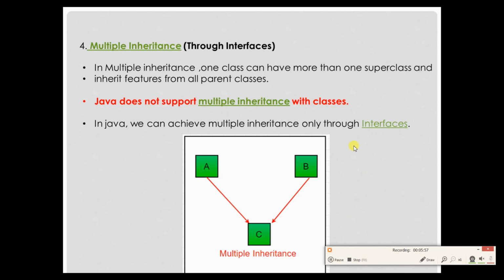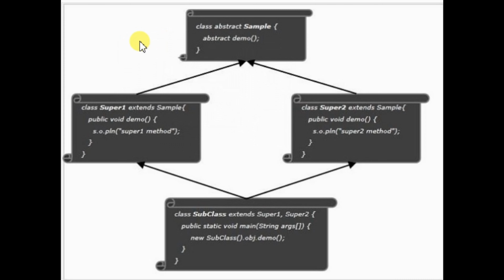Let's understand the diamond problem with an example. Well, here you can see that sample is a class and they've taken a method demo, and super1 is a class which is extending sample, and super2 is also a class which is extending sample, and both of them have the same method demo. One is printing super1 method and another is printing super2 method. So as per the rule, the child class has to inherit the properties from both classes.